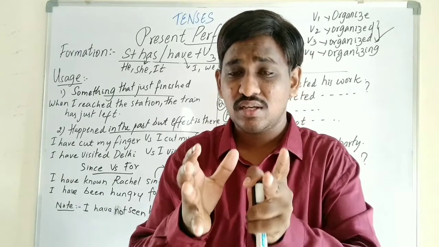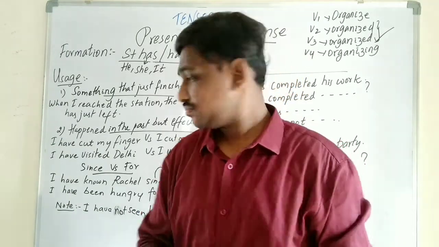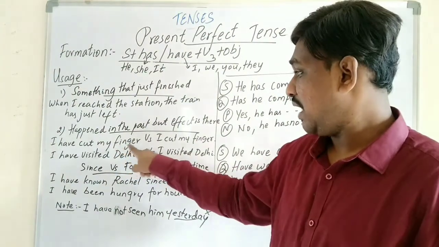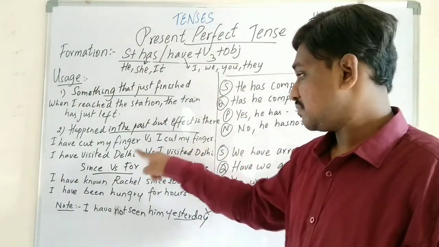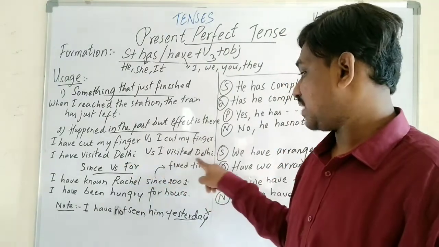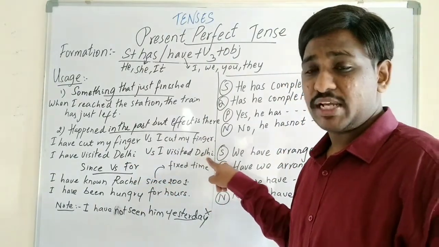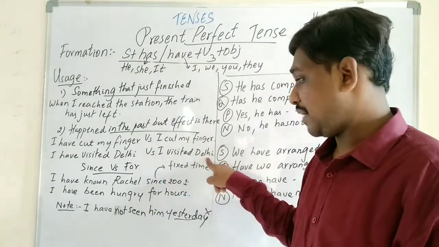So the effect is really felt now. So the examples: I have cut my finger versus I cut my finger. I have visited Delhi versus I visited Delhi. Usually a time reference will be there for simple past.